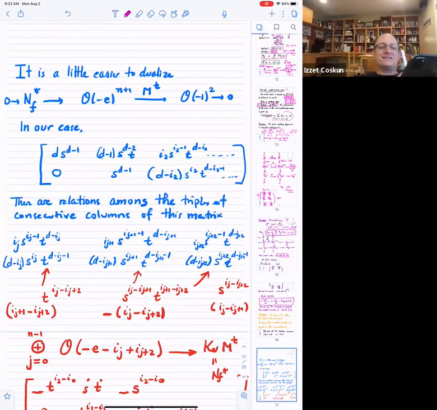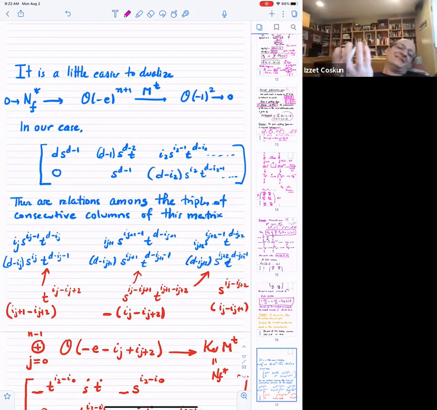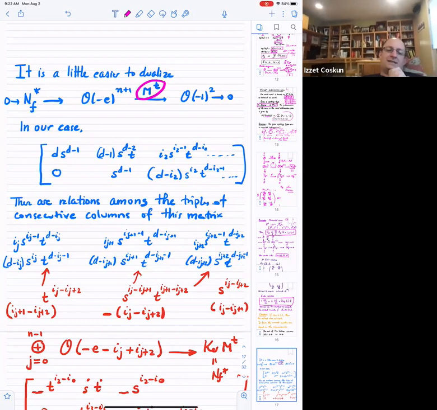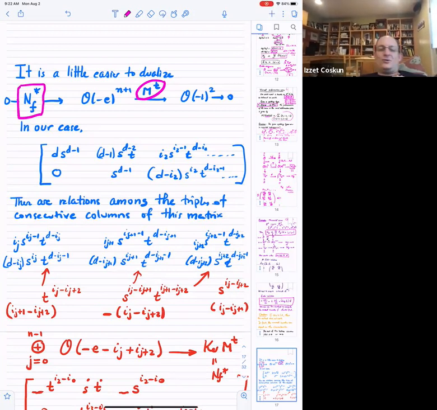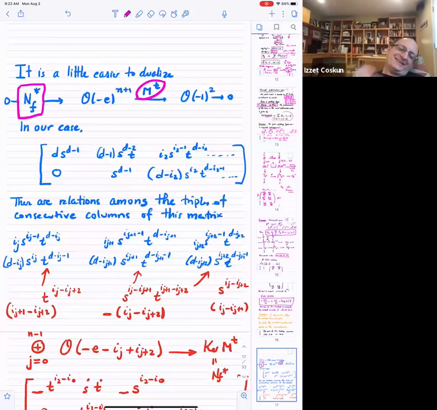So just dualize this thing; it's a little easier if you dualize it. I think this is a psychological thing, because at the end of the day it's the same exact thing. So you take your Jacobian matrix, transpose it, and dualize everything. Now we want to compute the dual of this normal bundle, or the kernel. For some reason, kernels are easier to compute than co-kernels. It's a psychological thing, as I said.